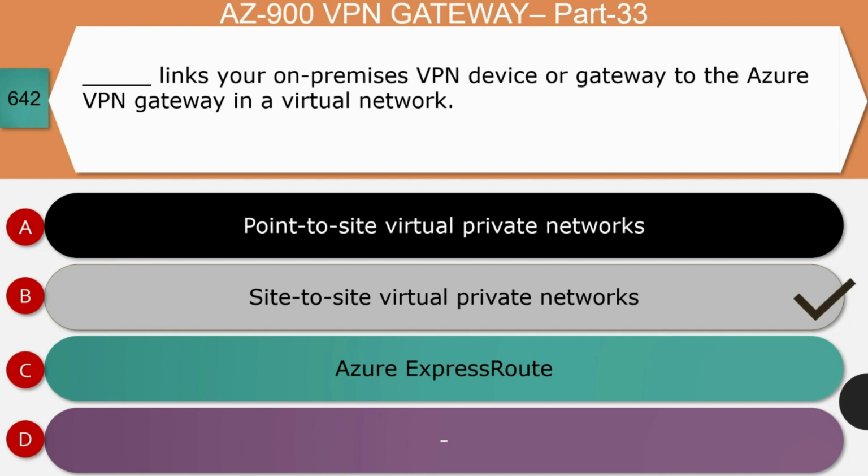And so the right answer for this question is site to site virtual private network. In case you are asked about connecting a device from a public network to Azure VPN gateway, then the option will be point to site virtual network. So here, any connection from a network to another network, say Azure, is an example of site-to-site network connectivity.